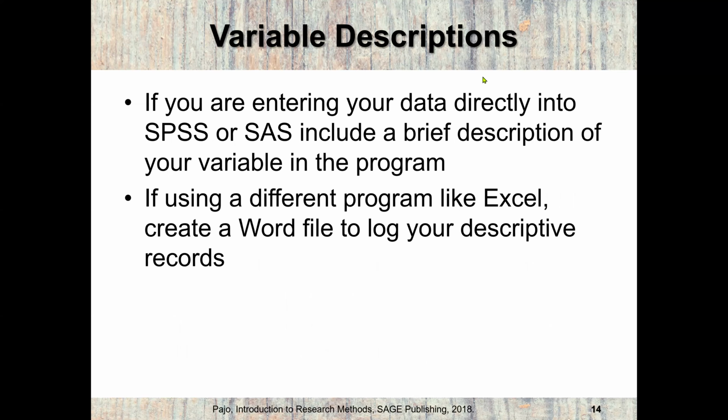Variable descriptions are also very important. When we enter the data into the computer system, if you are using Excel, the first column will be the attribute name or the variable name. The second column will be the data type. Data type is important. That tells us what type of data we can put in a variable.